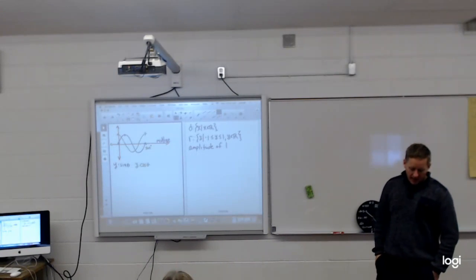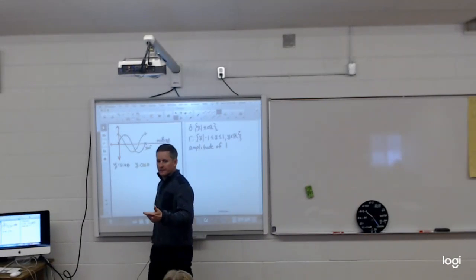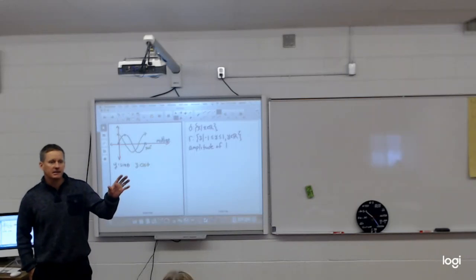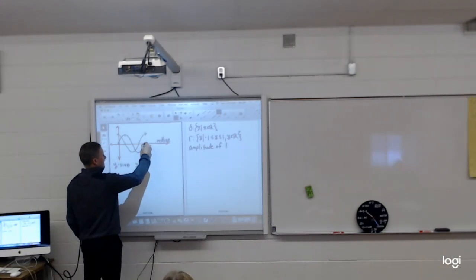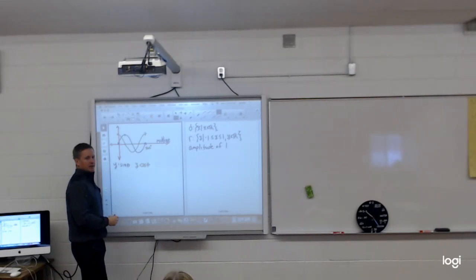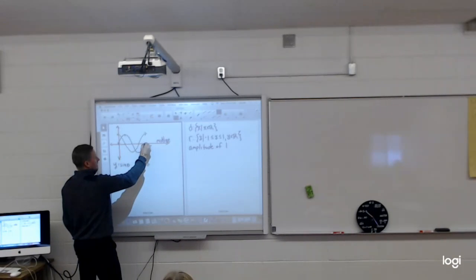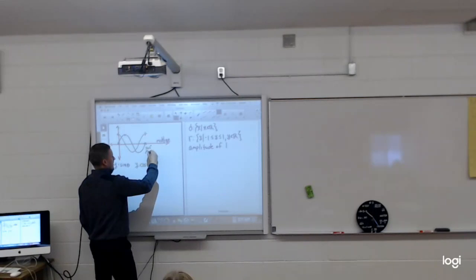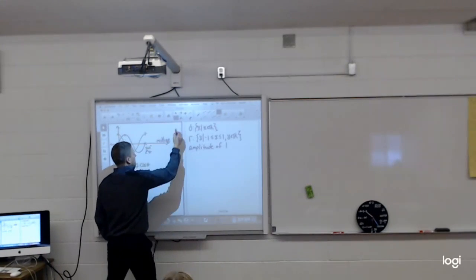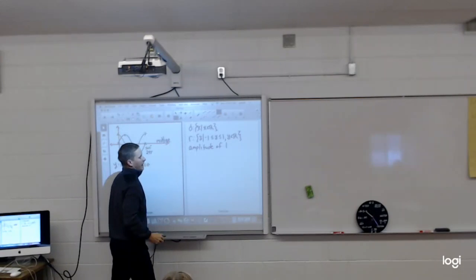It has a period. Where it starts to repeat, that x distance, is your period. In this case, for both of them, it's 360 degrees. They start to repeat. This one goes up and to the right from the midline. So we can write it as 360 degrees or 2 pi.